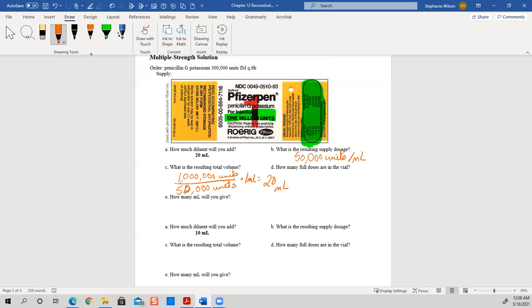So on D, it says how many full doses are in the vial, right? So that means we've got to take the total volume. And we're going to take our order. Well, what was our order? Our order is this 300,000 units per dose.